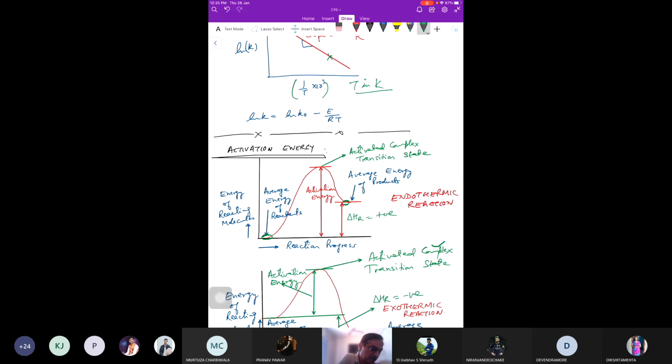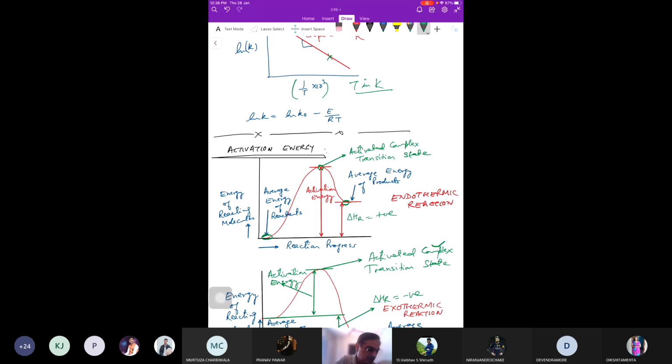And it has to go through a barrier. This value on the y-axis is the activation energy. So it has to reach that value to become activated or form a transition state, and only then can the reaction occur and the product be formed.